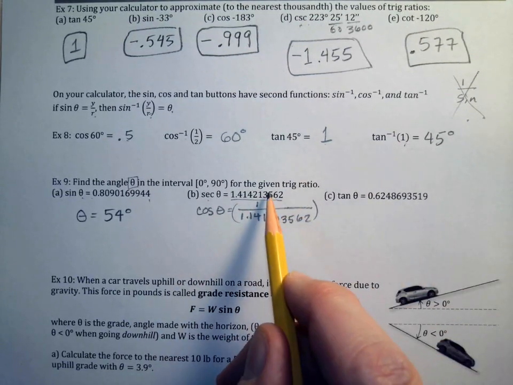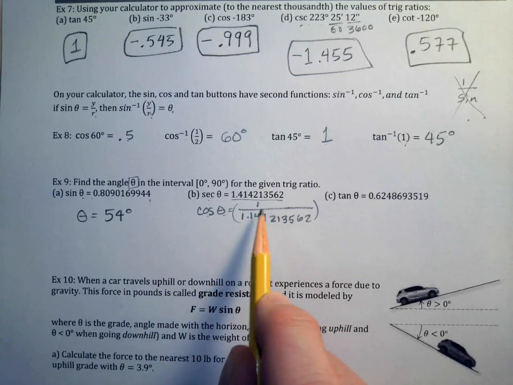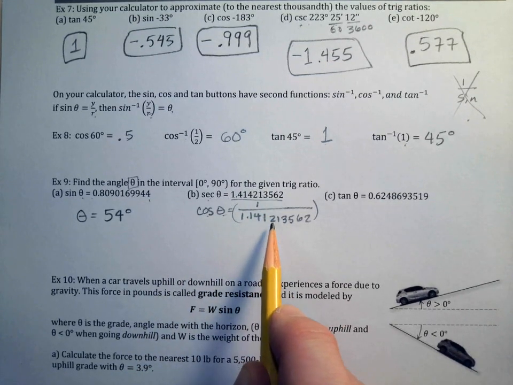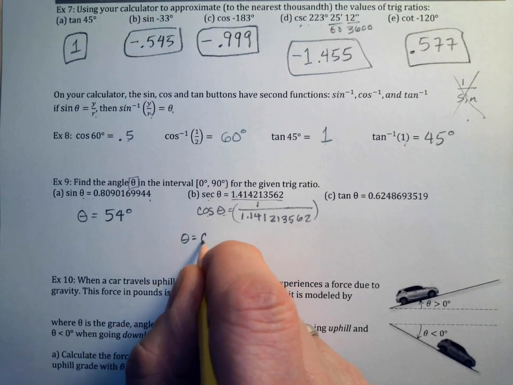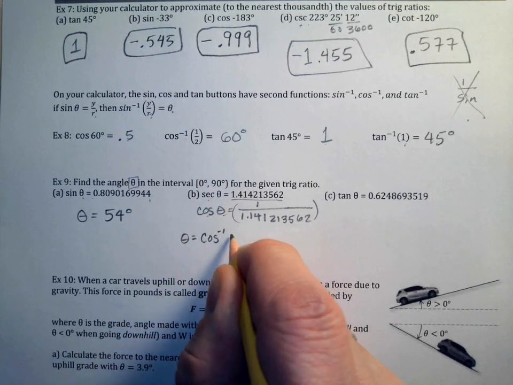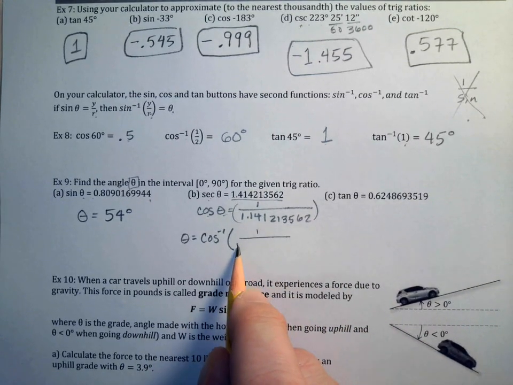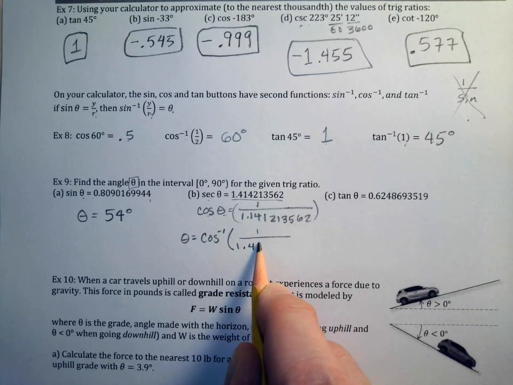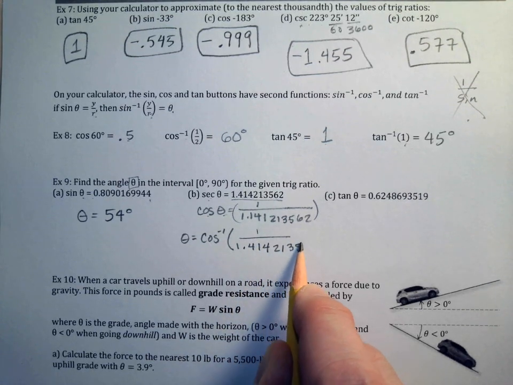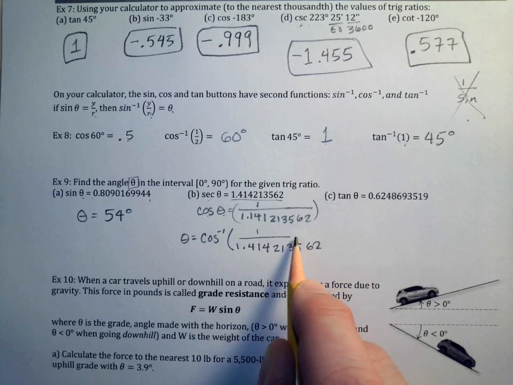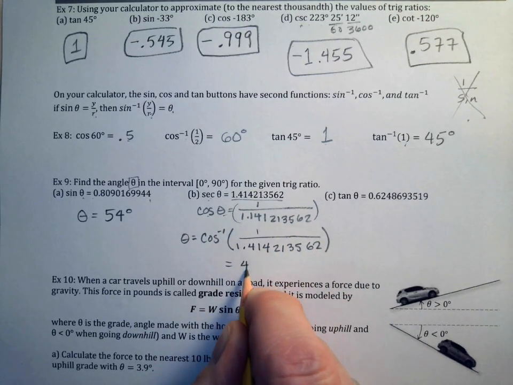That's the reciprocal of that, right? If secant is equal to this, cosine is equal to 1 over that. So theta is equal to the inverse cosine of that ratio, 1 over 1.414213562. And that would give us about 45 degrees.